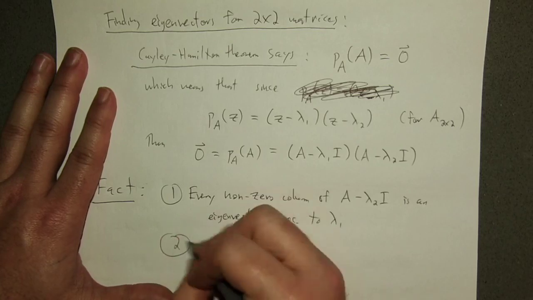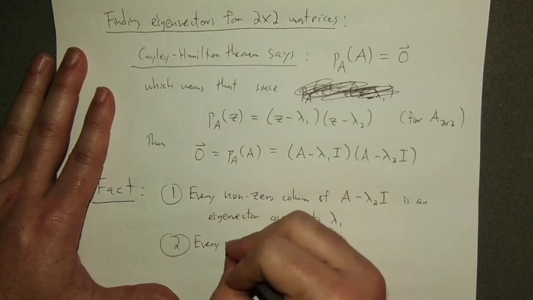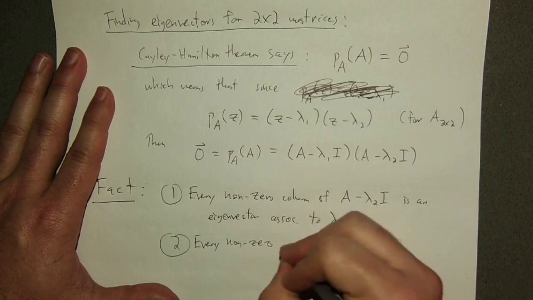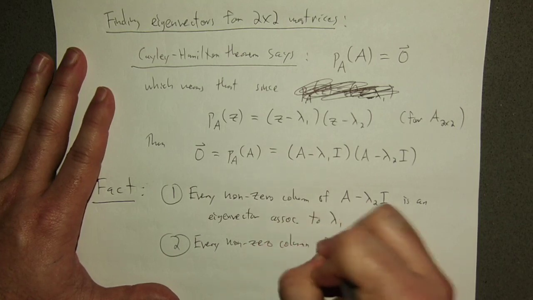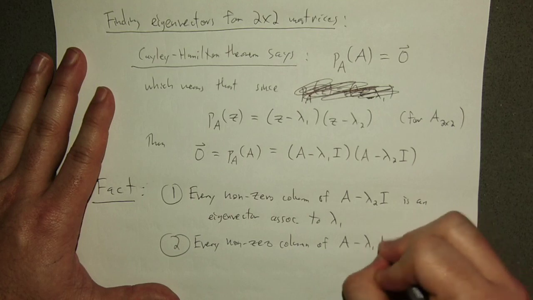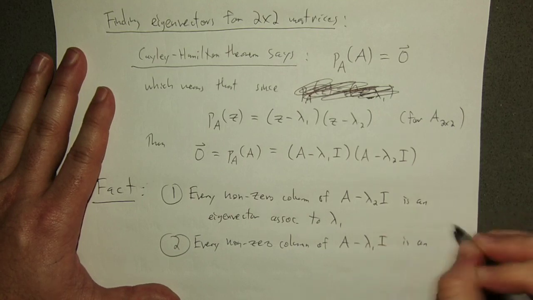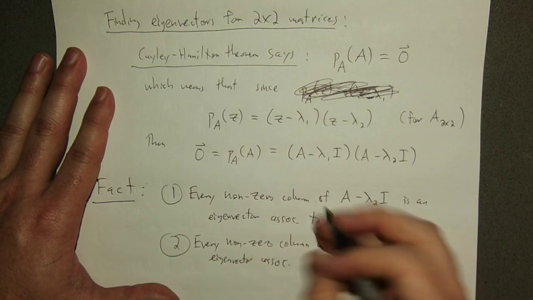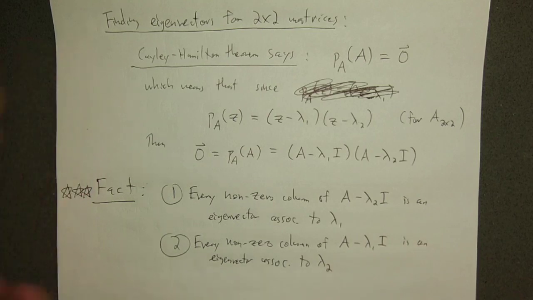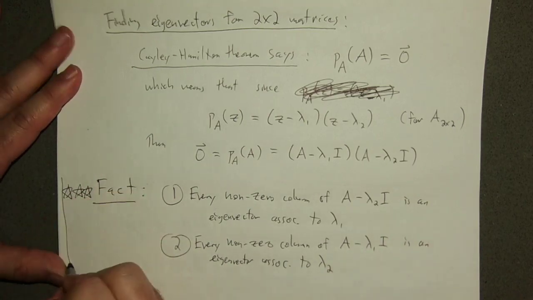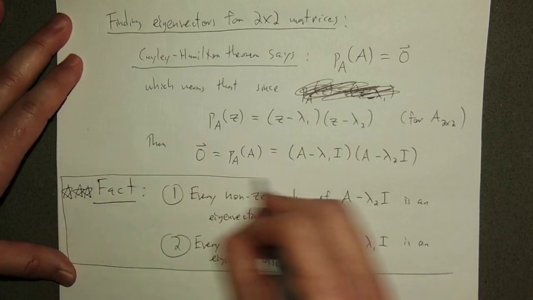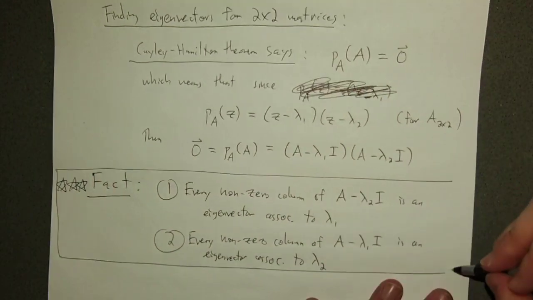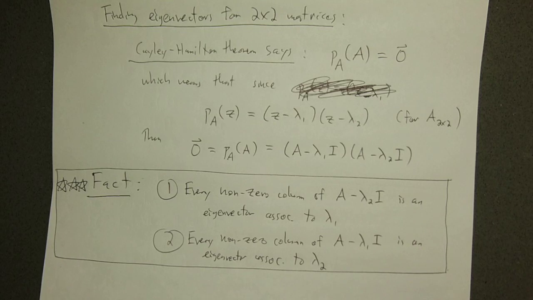And similarly, every non-zero column of A minus lambda sub 1 I is an eigenvector associated to lambda sub 2. So when I say Cayley-Hamilton, really ignore all this part. What we really care about is what I have put in the box right here.